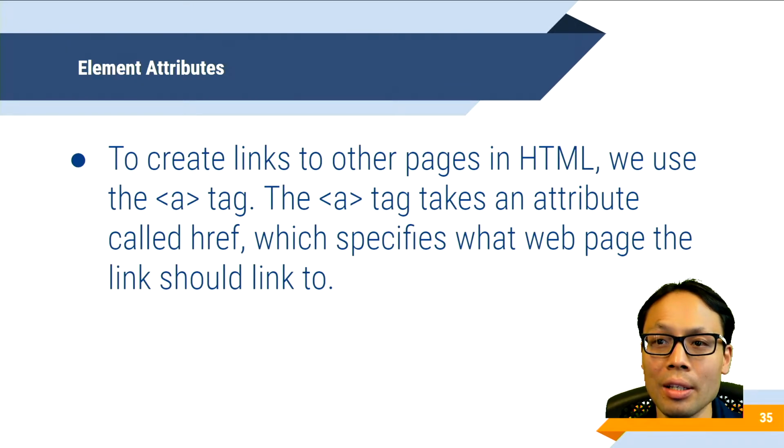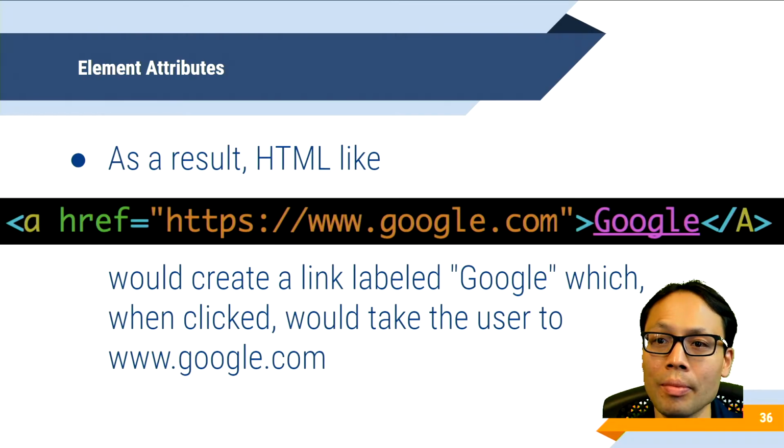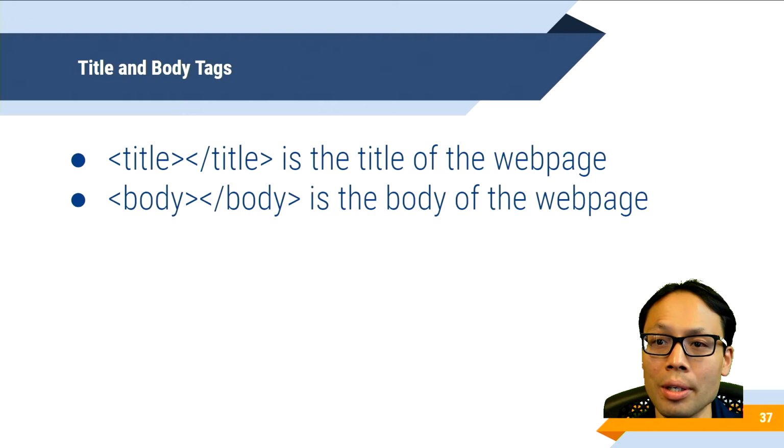To create a link to other web pages in HTML, you would use the A tag, which takes an attribute called href that specifies what web page you are linking to. For example, if you wanted to link to Google, you would create an href that would look something like this, and when you clicked on it, it would take the user to www.google.com.